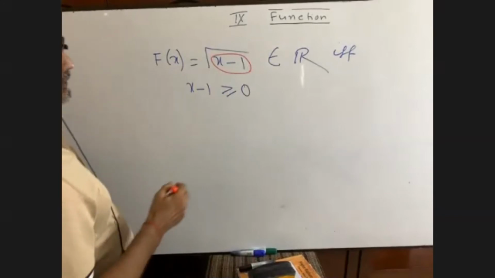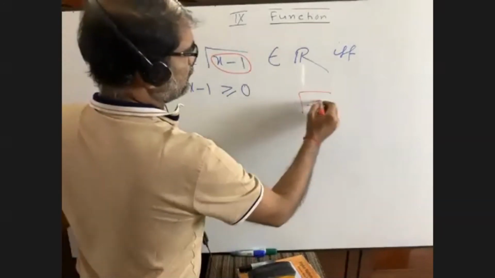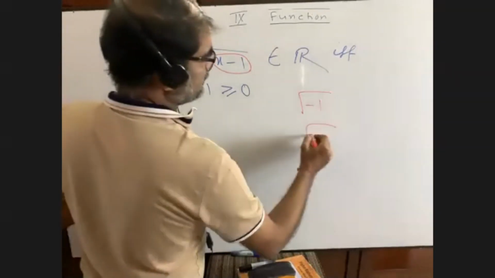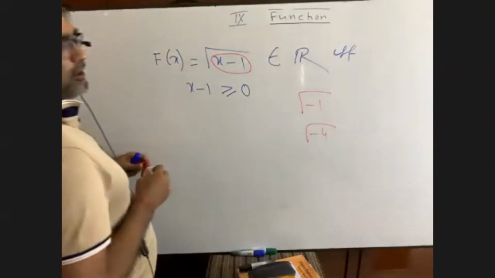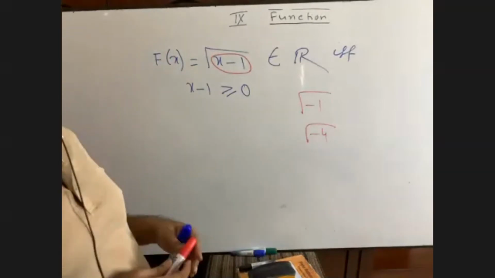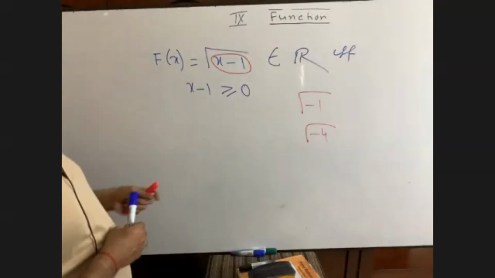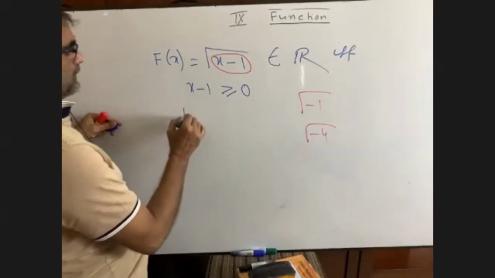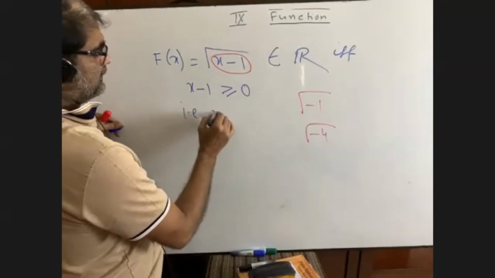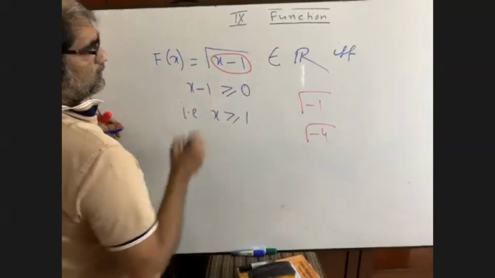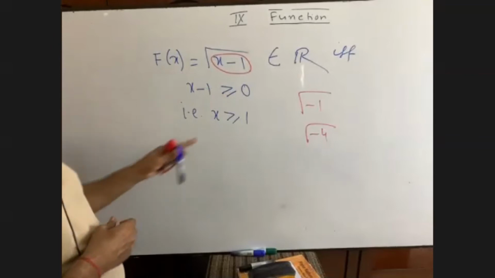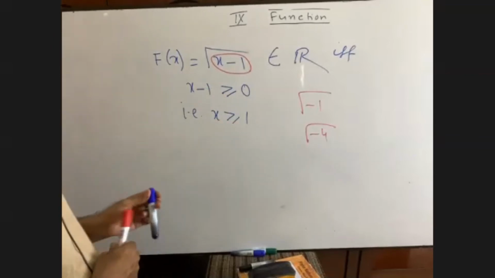I told you this is not possible. So inside the square root, what we will get is always greater than or equal to 0. That means x is greater than or equal to 1, any value of x greater than or equal to 1.